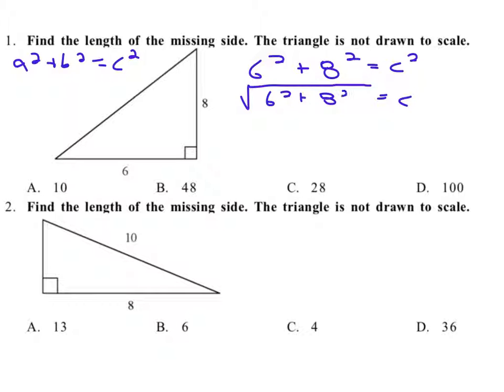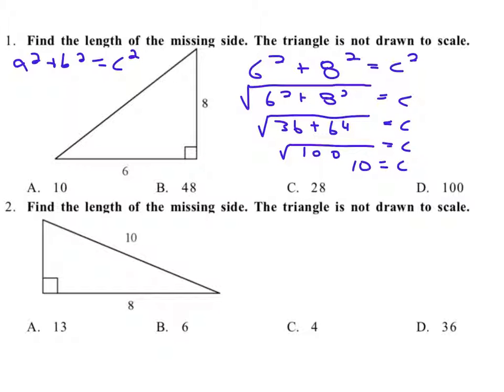Okay? So then c becomes the square root of 36 plus 64, or the square root of 100, which of course is 10.